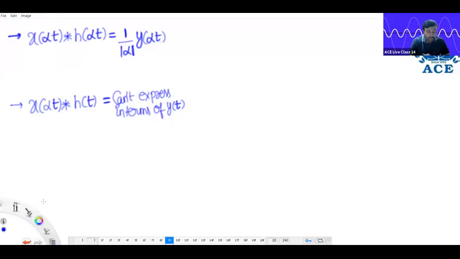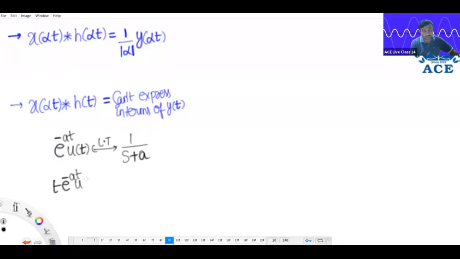For understanding the two relations, now I am explaining 2 mathematical examples for you. Listen carefully. I hope most of you are good in Laplace. What is Laplace of decaying exponential? 1 by s plus a. What is the Laplace of t times e power minus at ut? 1 by s plus a whole square.